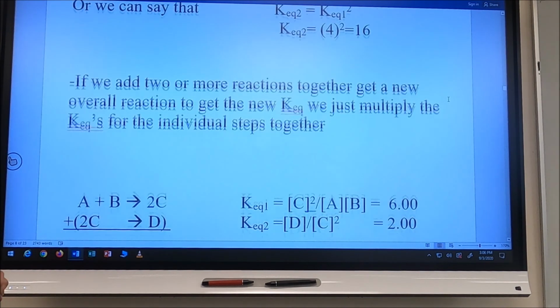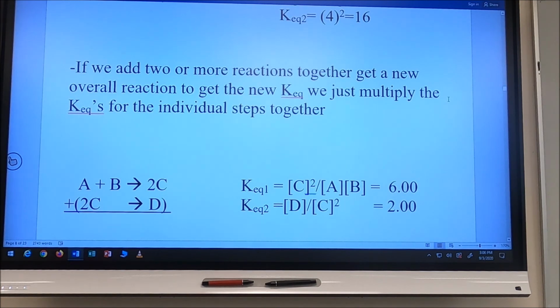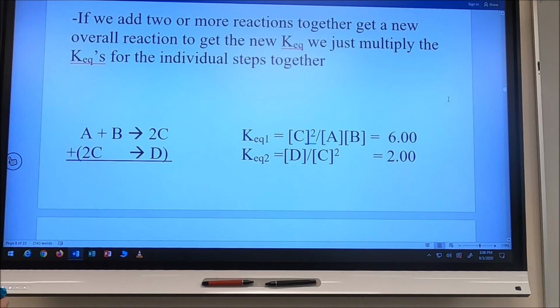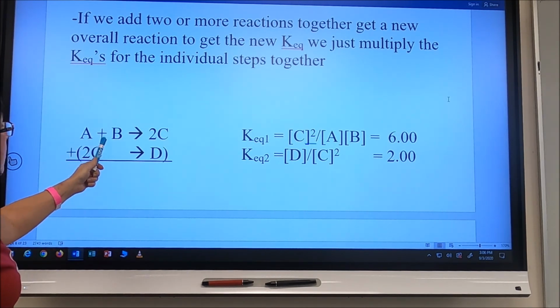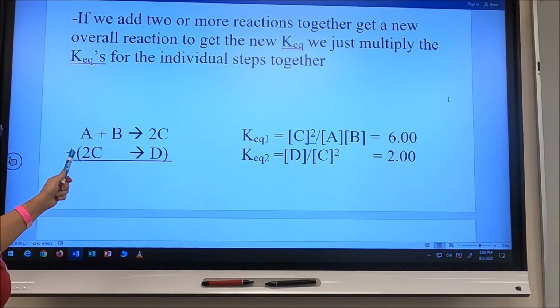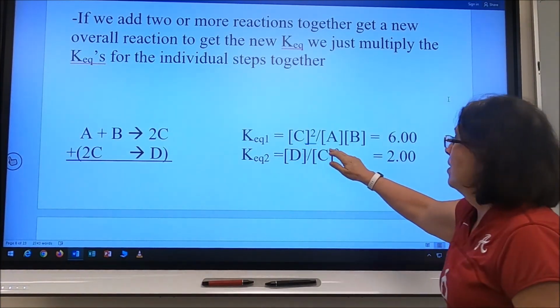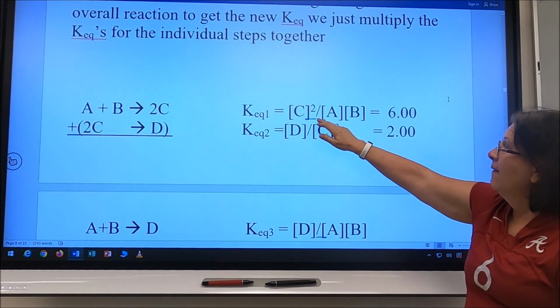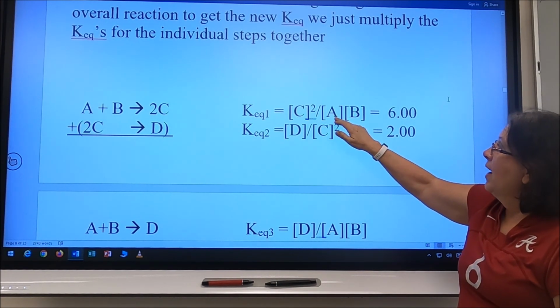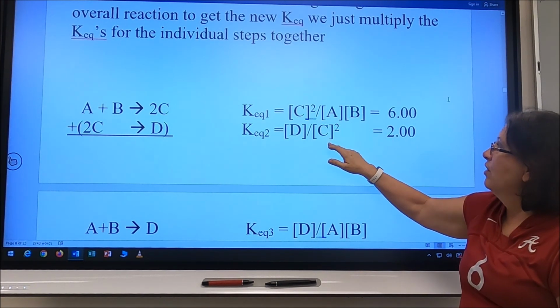Now, what we've been leading to is adding 2 or more reactions together to get an overall reaction and a new equilibrium constant for that overall reaction. So if I had A plus B going to 2C, and I added to it a reaction 2C going to D, I look at their equilibrium constants, C squared over A times B, and D over C squared.